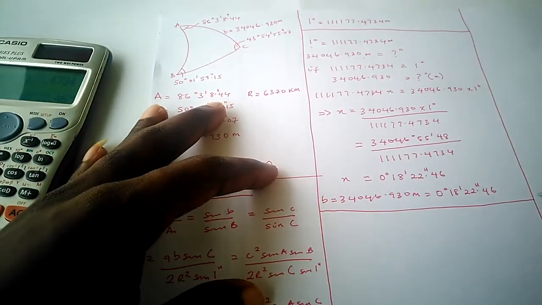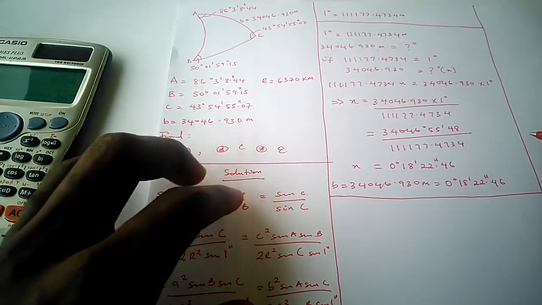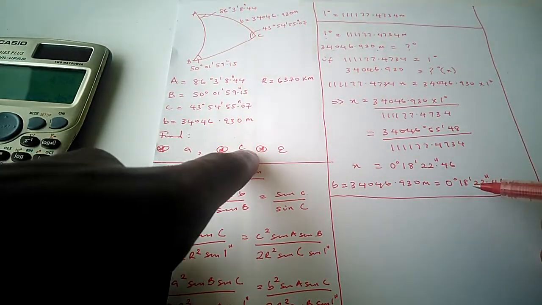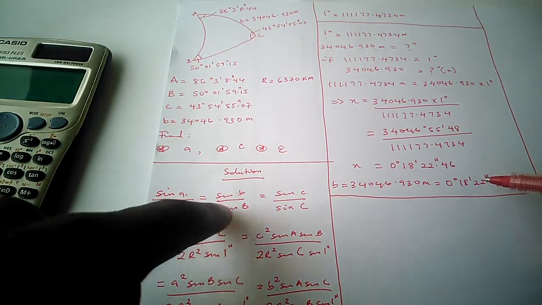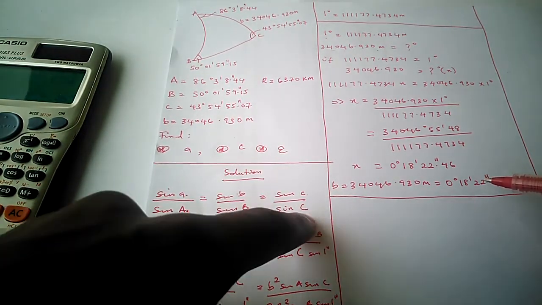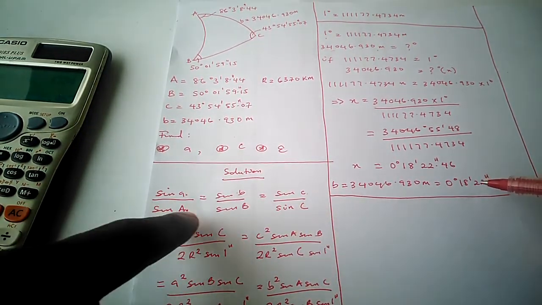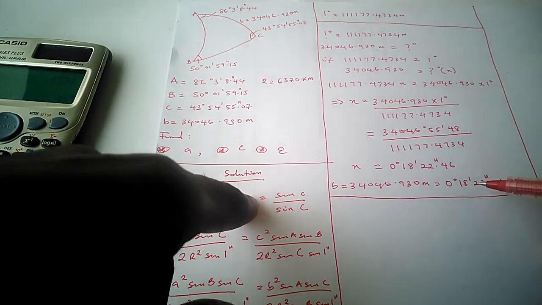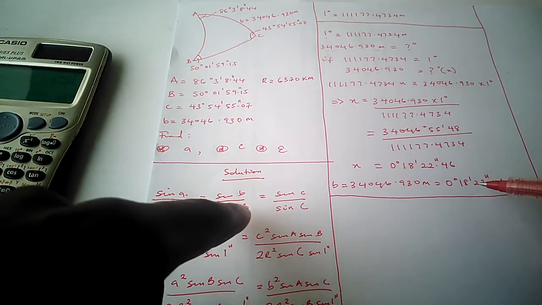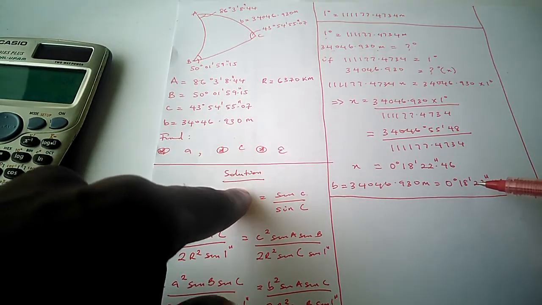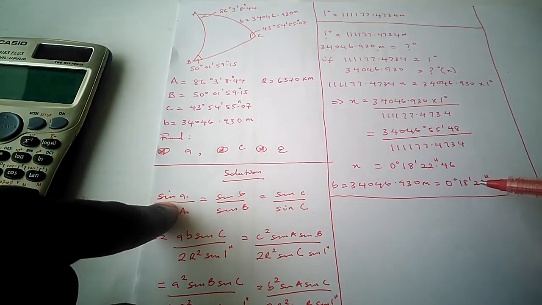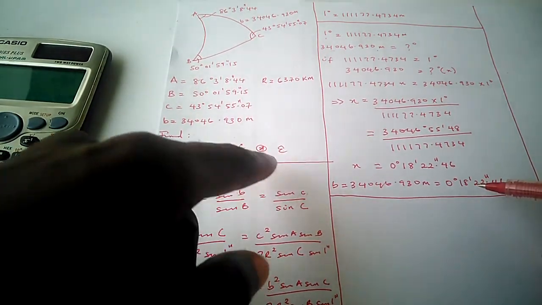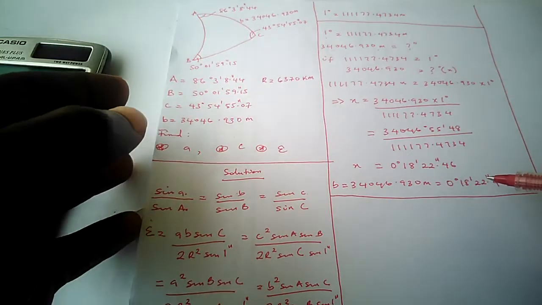Let's now proceed to computing side A and side C using any of these sine equivalents. Since we have side B and we have angle B, we can easily equate B and A to find A, or equate B and C to find C. Whichever the case is just a matter of choice.